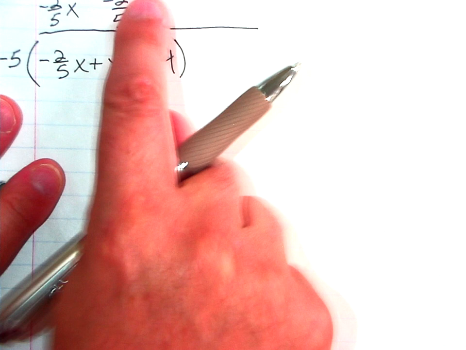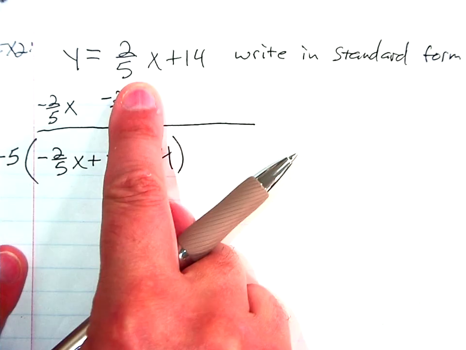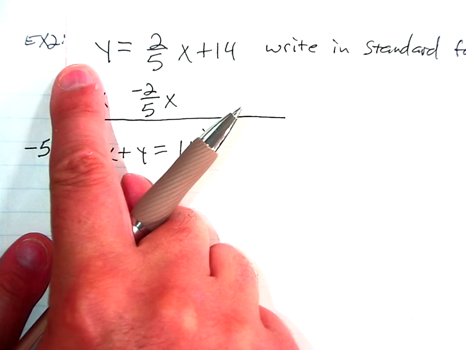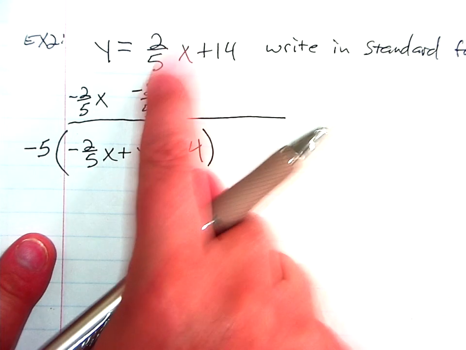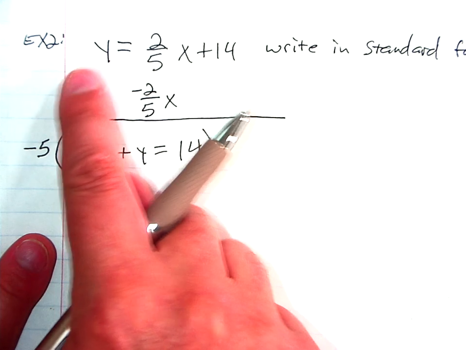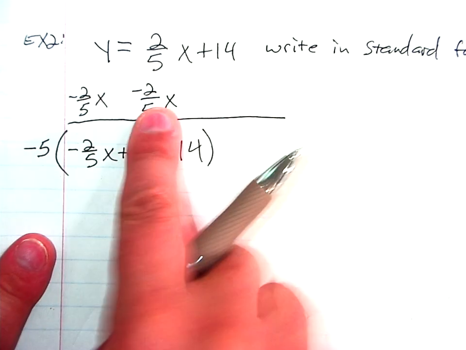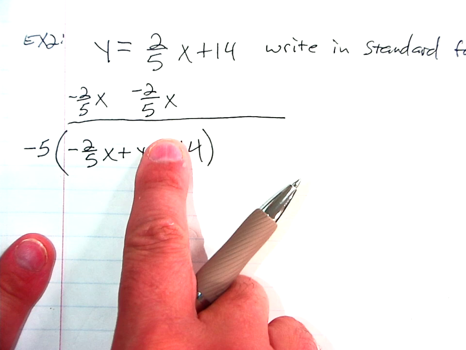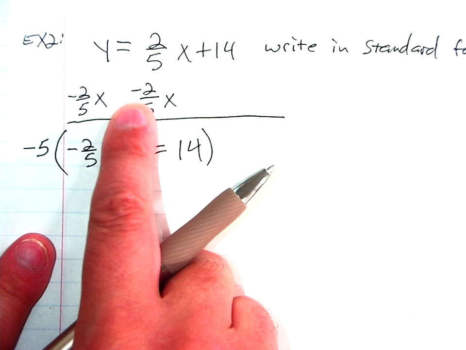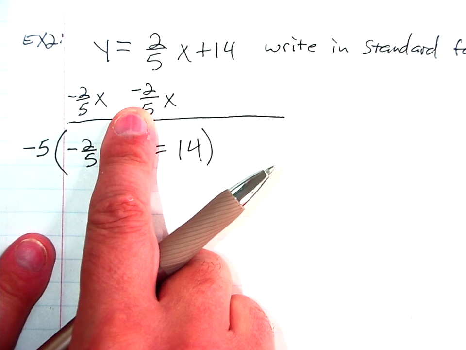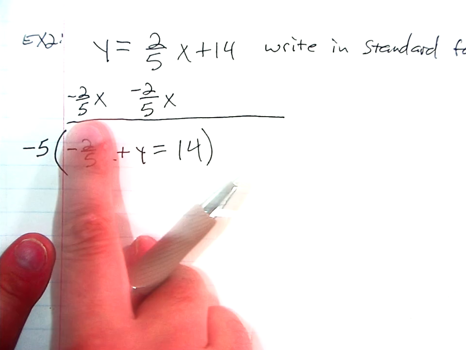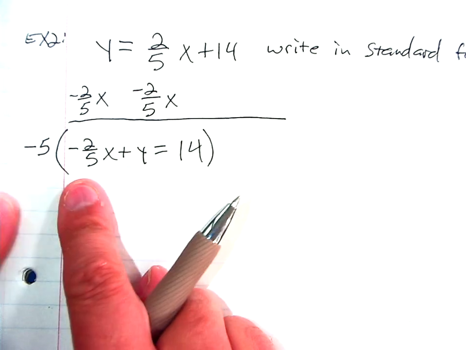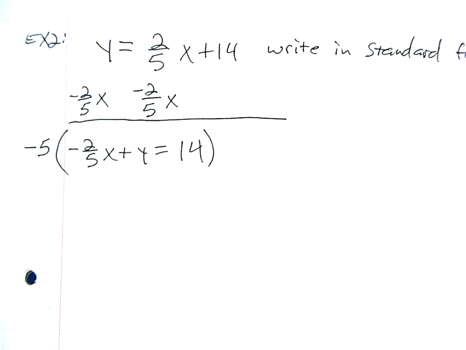So how do I move this 2/5 x over to the other side? It's a positive 2/5 x, so to move it to the other side, what's the opposite of adding? Minusing. So I minused it from both sides, so now I have minus 2/5 x plus y equals 14.